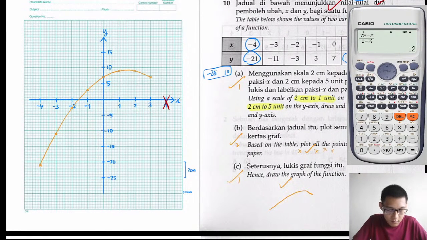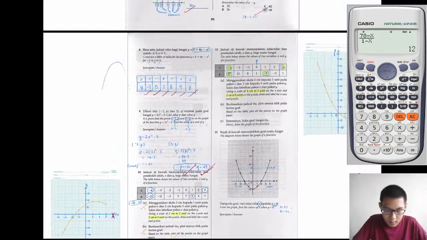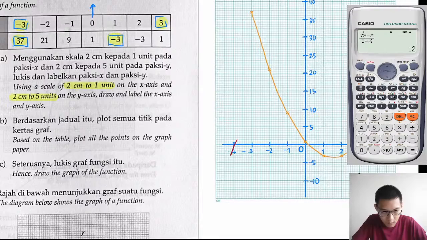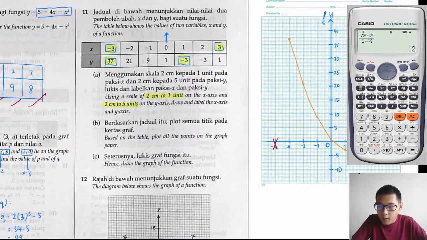Okay, correct. And then this one, the graph also. So maybe we skip this negative 4 to 1 draw it. Never mind, we can do more also, never mind.